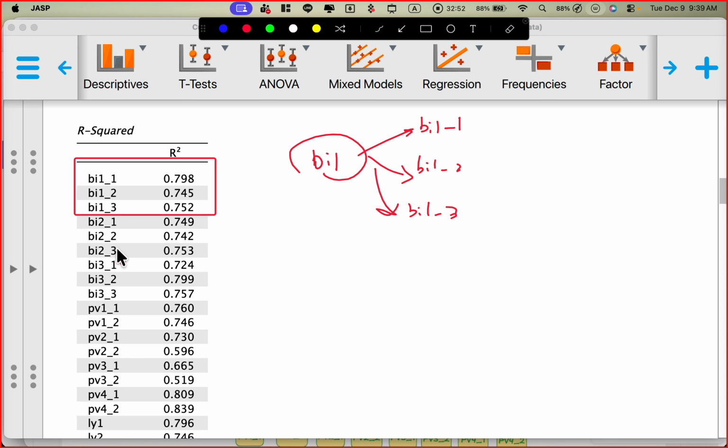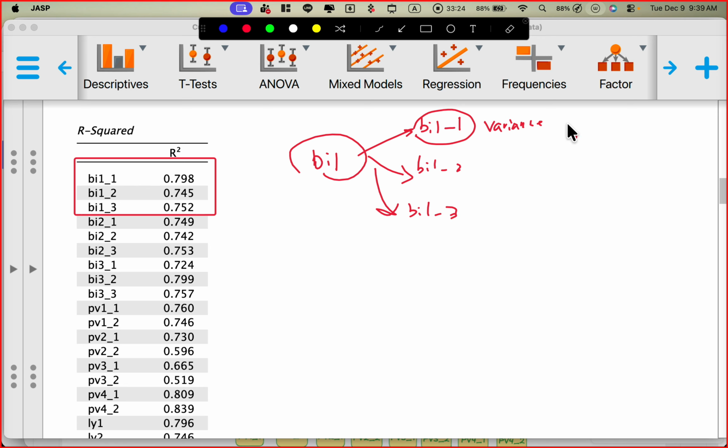But in this case, it's the proportion of variance among BI1-1, BI1-2, and BI1-3. We have three indicators, so we have three variances.